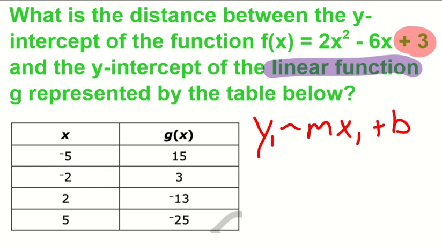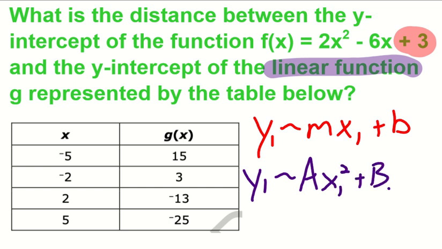Let's just pretend if the table were a quadratic function, you'd have to do y1, little squiggle line, a x1 squared plus b x1 plus c. That would give you the equation for a quadratic function.